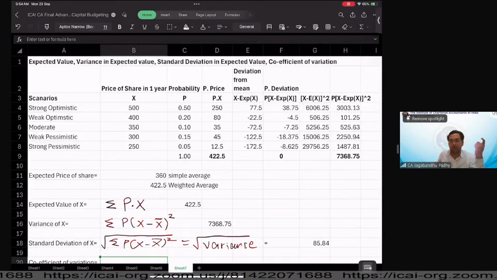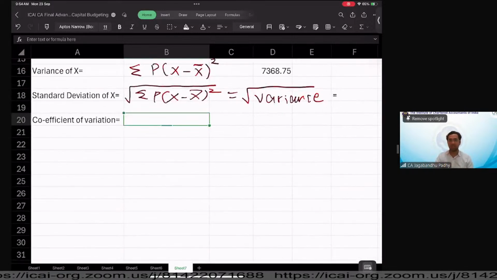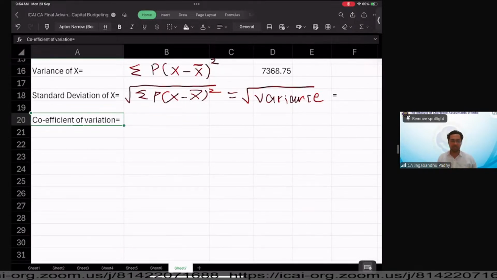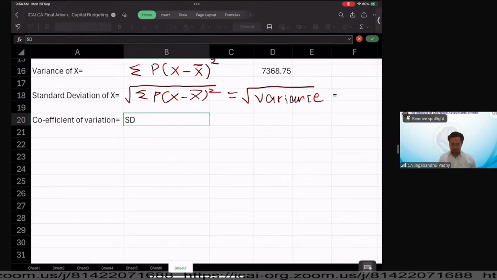So how do we do the comparison? For comparison, we need to bring it into percentage terms. Whenever it's relative, we compare it in percentage terms. That percentage is nothing but the coefficient of variation. Coefficient of variation is simply standard deviation divided by expected value of x.